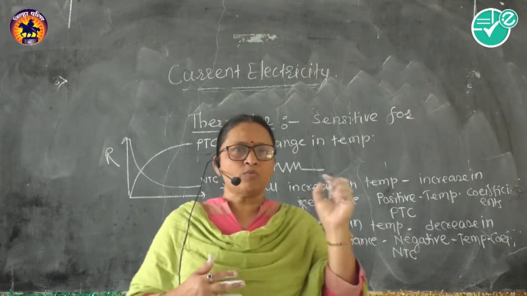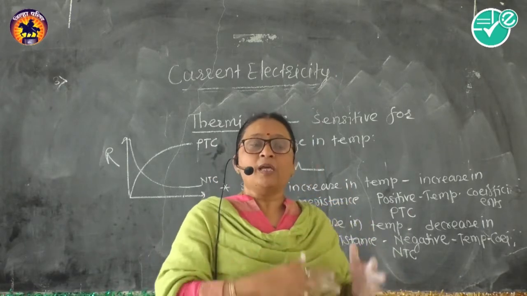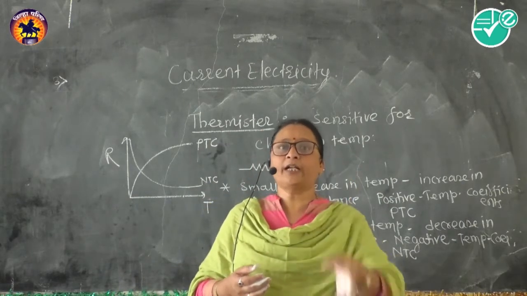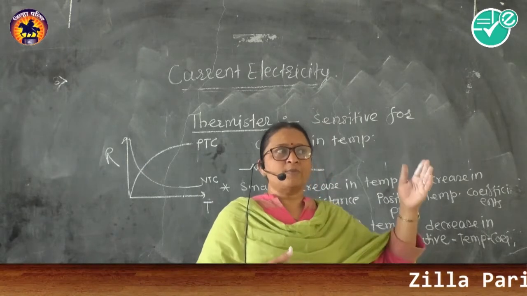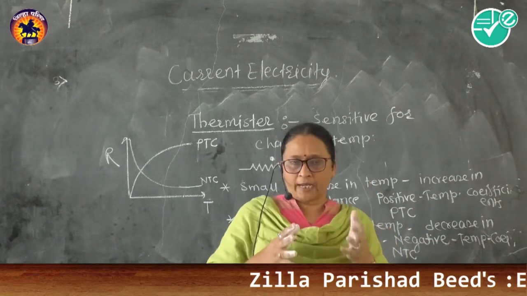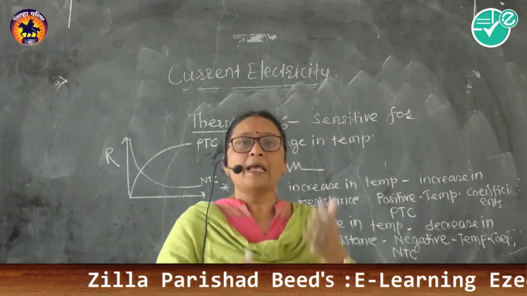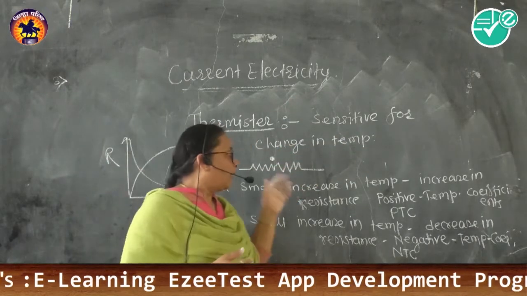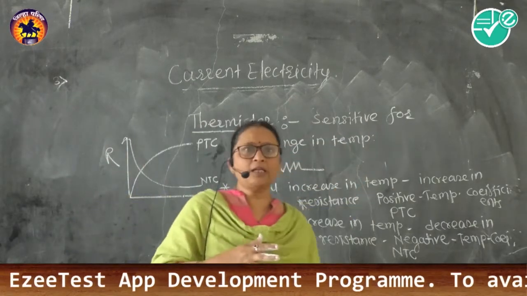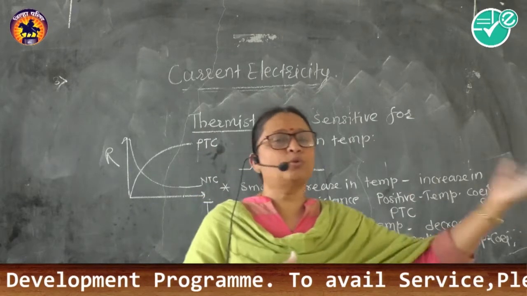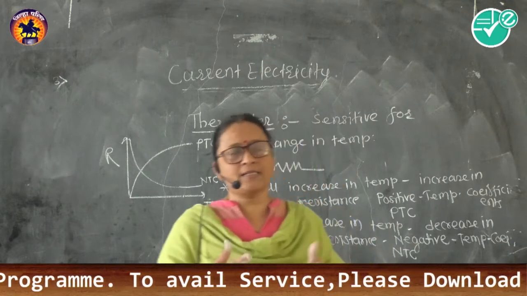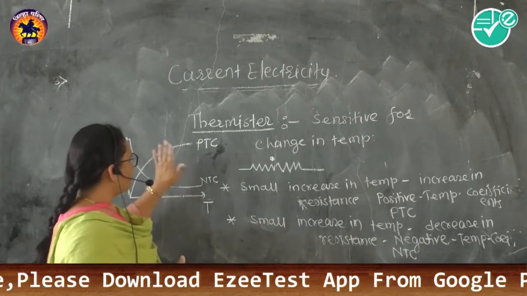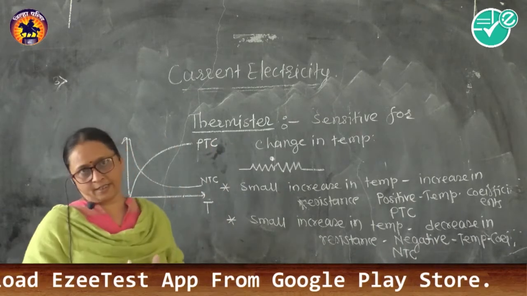If by any problem there is increase in temperature of that circuit, that means if large current is flowing through that circuit, it increases its temperature, and increase in temperature causes increase in resistance, and increase in resistance causes further opposition to the flow of large current. So the circuit is protected by this thermistor. So these thermistors are PTC as well as NTC type.